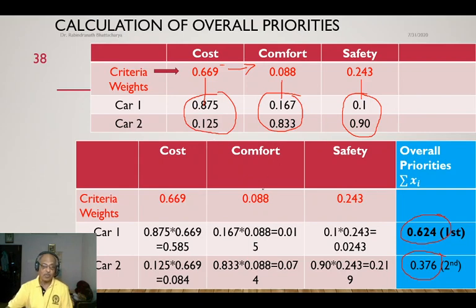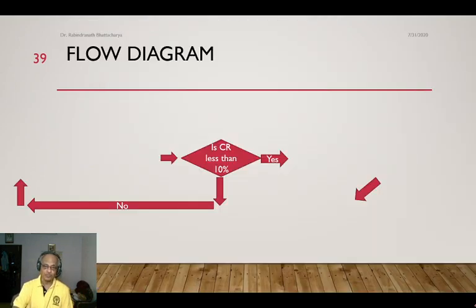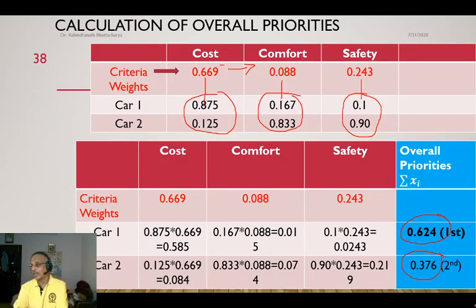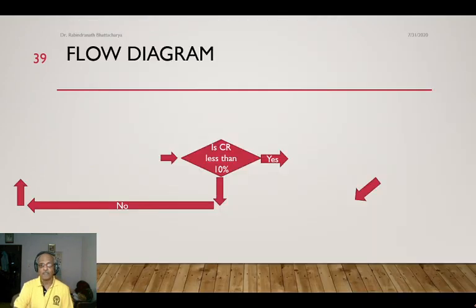Now from here we can easily calculate the overall priorities for car 1 as well as car 2. So it shows that car 1 is better than car 2.